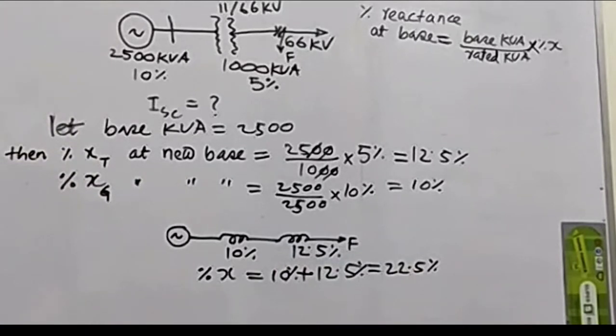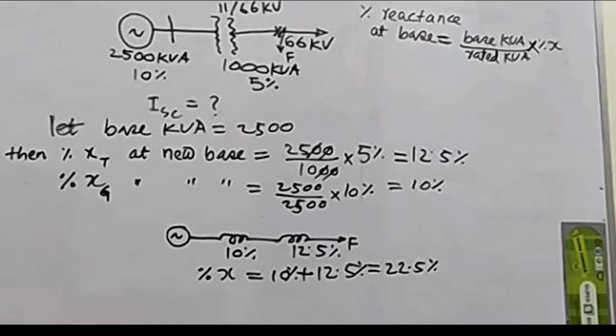I have drawn the generator reactance and the transformer percentage reactance in the equivalent circuit: 10% and 12.5%. F is the fault. Well, what will be the total reactance of the circuit? Percentage X equals 10% plus 12.5%, equal to 22.5%.